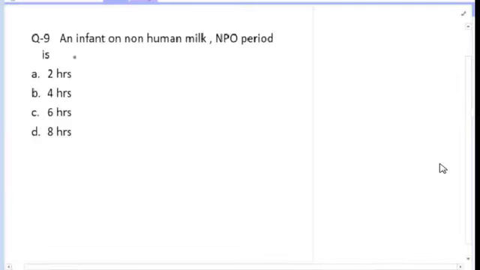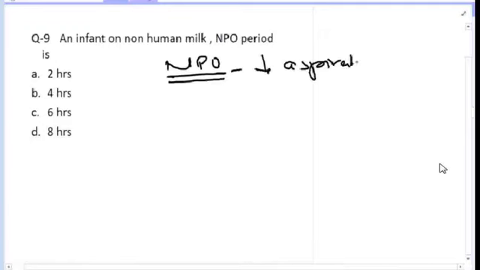Now, question number 9. Infant or non-human milk, nil per oral period is. Now, a patient is nil per oral before surgery to decrease the chances of aspiration, right?